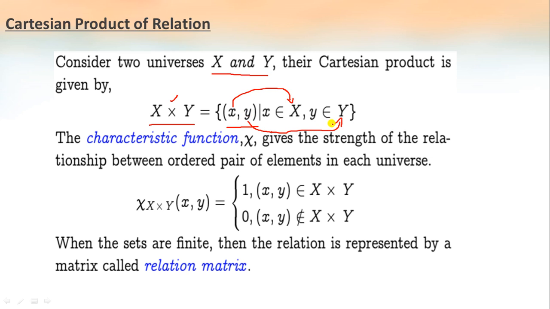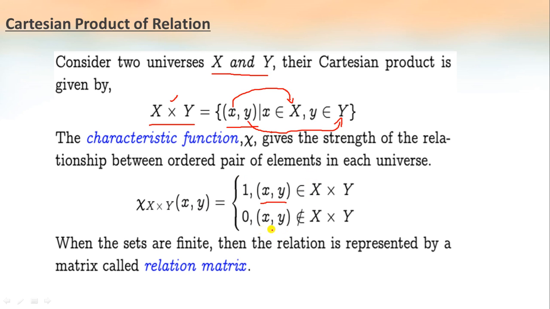And the characteristic function which gives the strength of the relationship between the ordered pair of elements is given by the function χ_{X×Y}(x, y). If this particular ordered pair (x, y) belongs to the Cartesian product, it will have value 1.